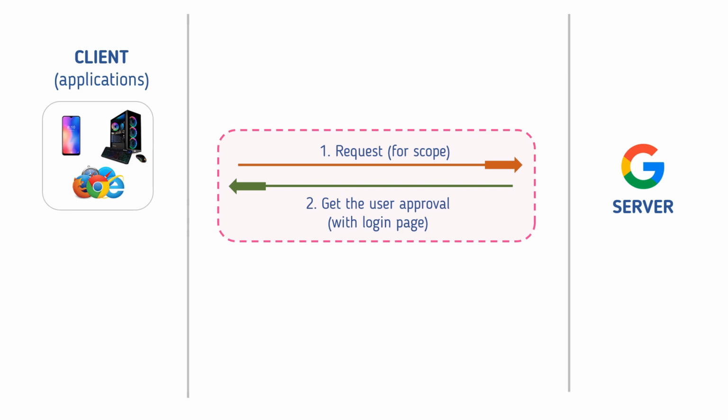And then the Google server says, no, I don't know, I don't have any information about the client. This is a very bad scenario because the server has no idea about the client. The client cannot just come and request for the scope like that, and the server cannot give the access token back, because at any time the user will have the full authority or the right to go back to the server and revoke the access token that was granted to the client.